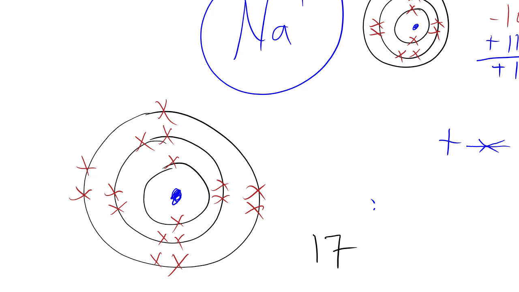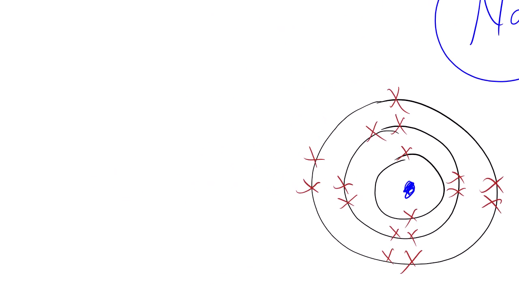Now this electron is not paired. What I mean by paired is it does not have its brother. If you see, we have 2 electrons close together while this one is single.